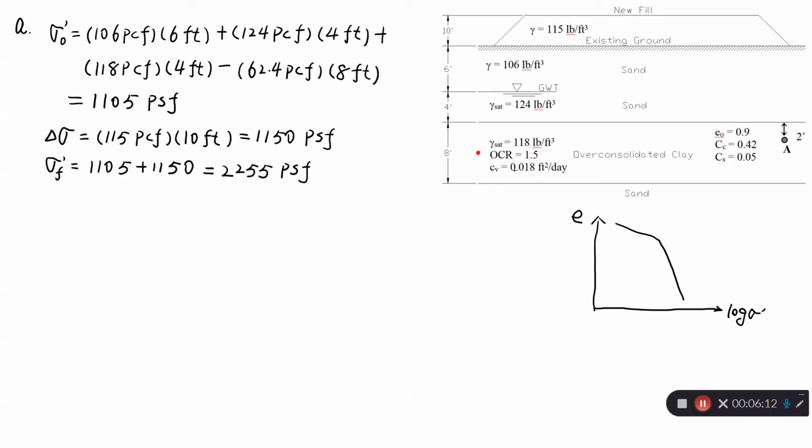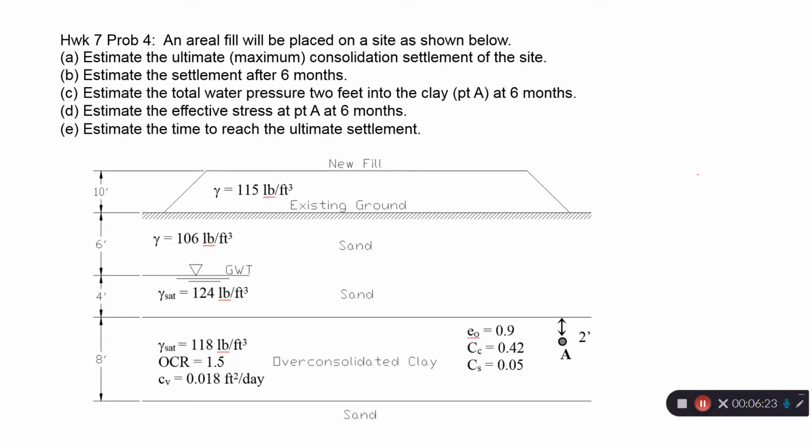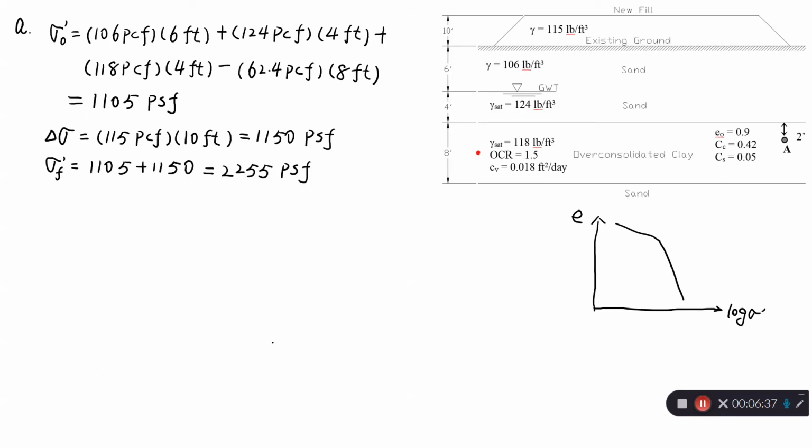And it tells us we need the slopes. Oh, it tells us right here. So C sub C and C sub S, 0.05 and 0.42. That means the slope of the recompression is 0.05 and the slope of the primary consolidation is 0.42.